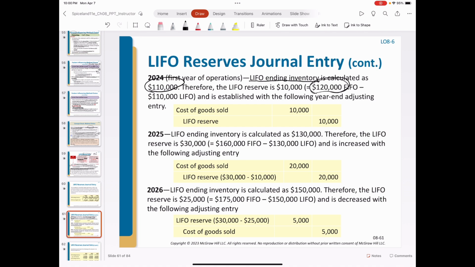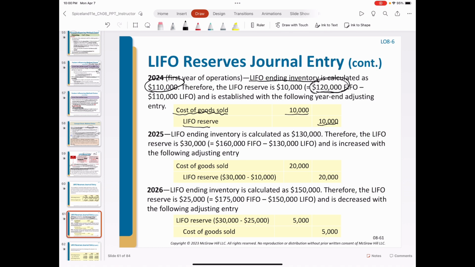So when we convert the internal reports to external reports, basically we are going to use LIFO inventory to replace the FIFO inventory. So we will recognize extra cost of goods sold, 10,000, and a LIFO reserve, which will reduce the balance of inventory from FIFO to LIFO.